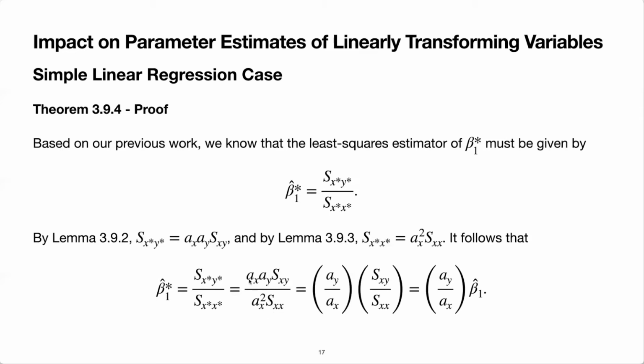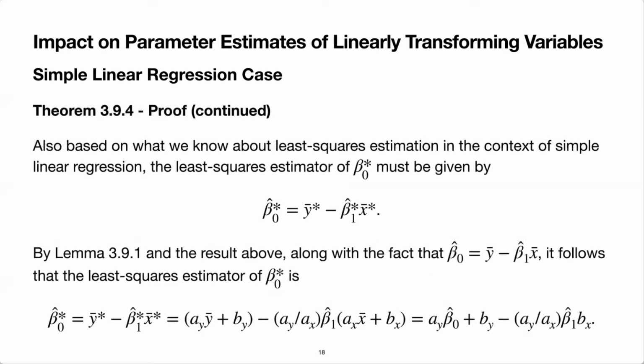And we see here that one of the a sub x's upstairs in the numerator cancels out with one of the a sub x's downstairs. And so this is equal to a sub y over a sub x times beta 1 hat. And so that proves that first result.